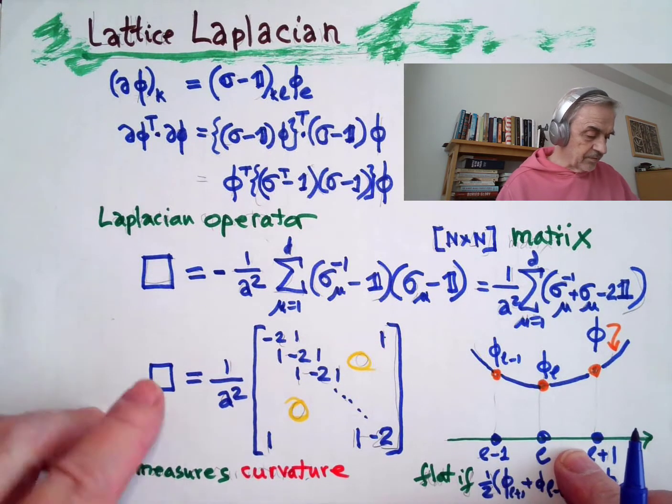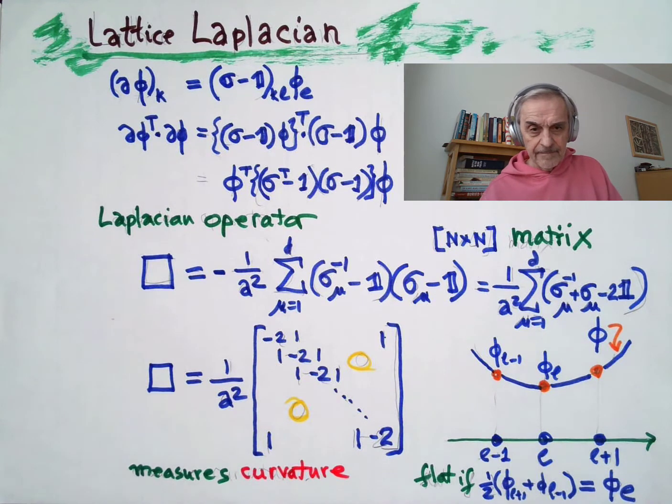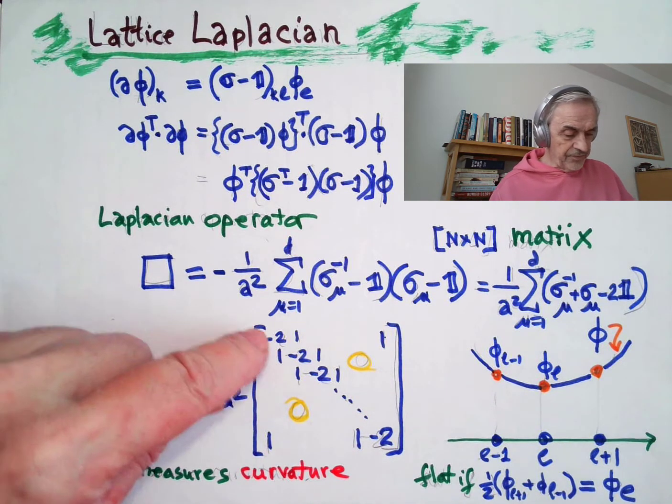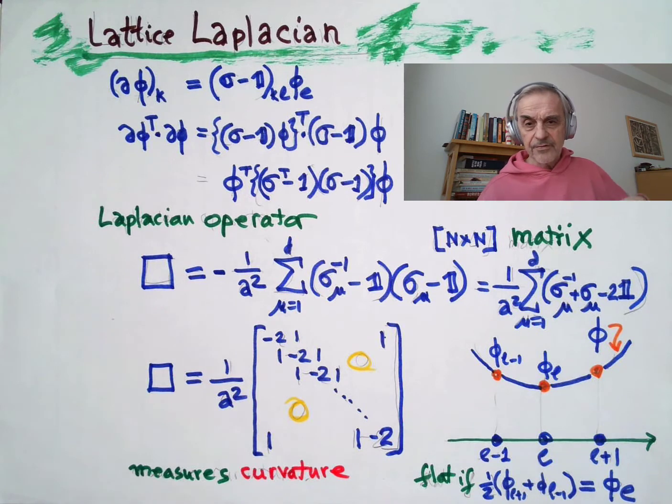And it turns out to be a very nice and very intuitive object. It just looks at me and looks at my two neighbors, and then compares the sum of the two neighbors to me. Are they more powerful, less powerful on average?